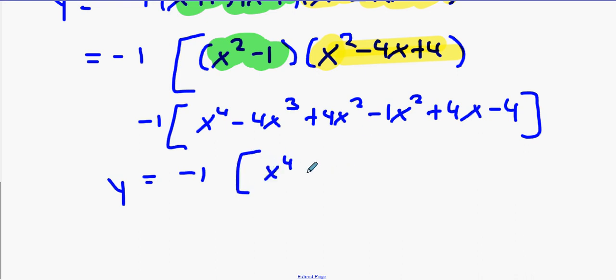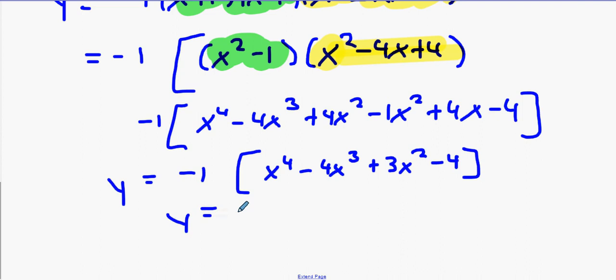x4, minus 4x3, plus 3x squared, plus 4x, minus 4. Multiply them by minus 1. Minus x4 plus 4x3 minus 3x squared plus 4x minus 4. That's my answer.